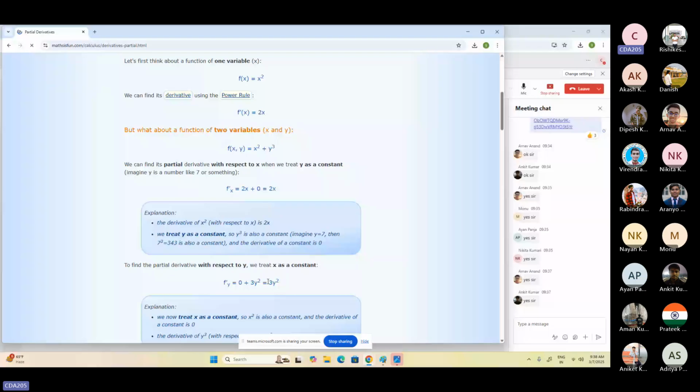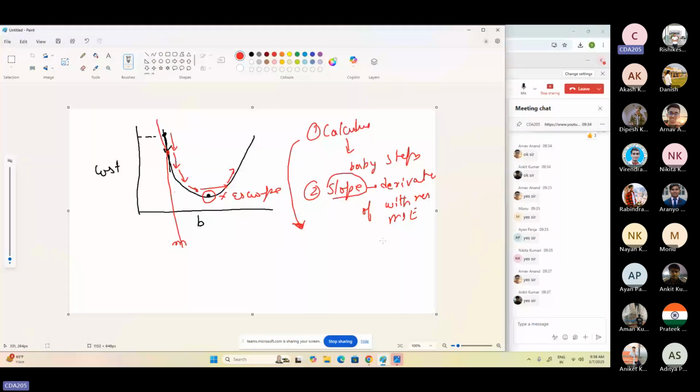Okay. Why am I explaining this? Because in our problem also we have two values. What are the two values? M and B. Because when we see the MSE equation, what is that? Can anyone tell? That is 1 by n summation i equals 1 to n of (yi minus (mxi plus b)) squared.